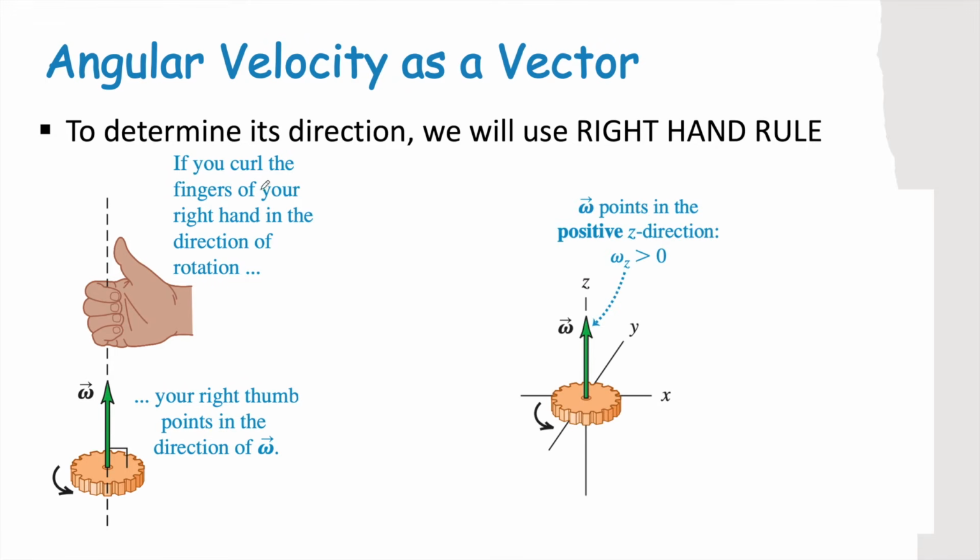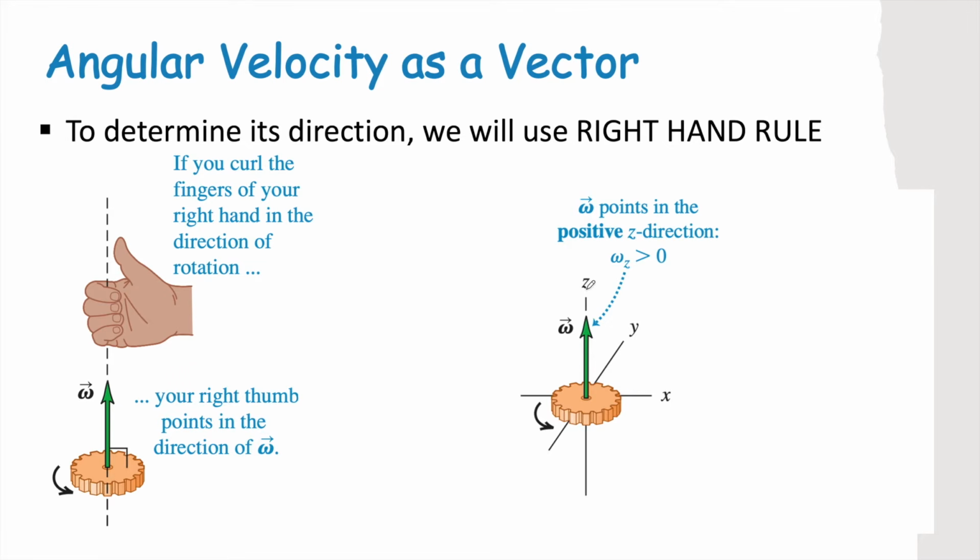Again, if it's in 3D, this is your x, y, and z. The thumb will be the direction of your omega. So for this case, your angular velocity is directed towards the positive z-axis.